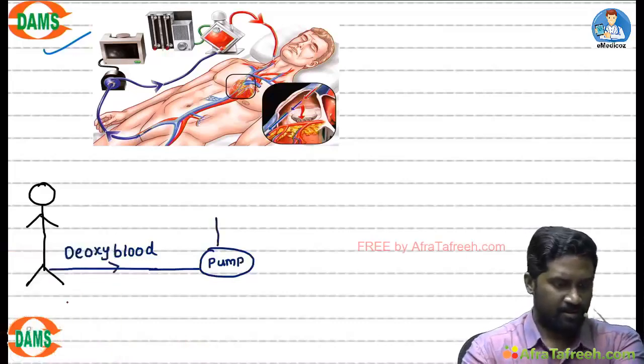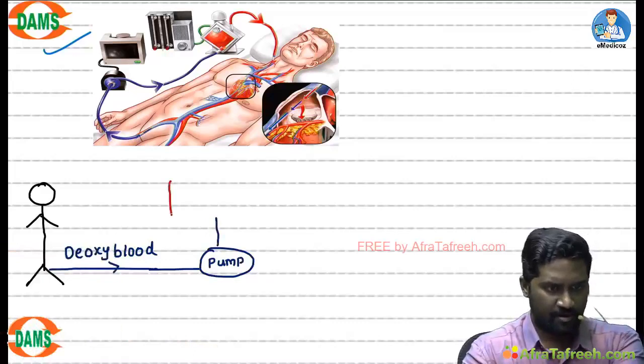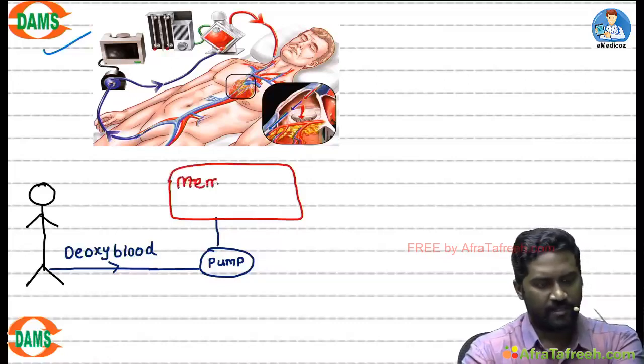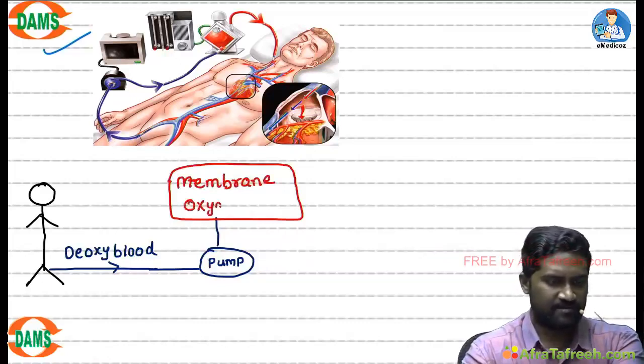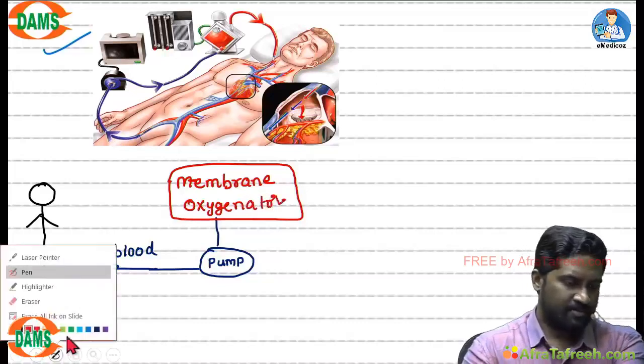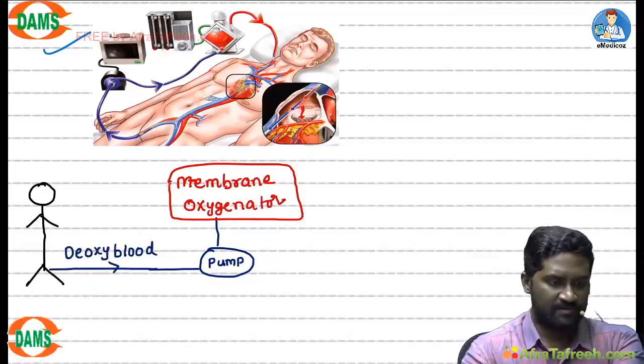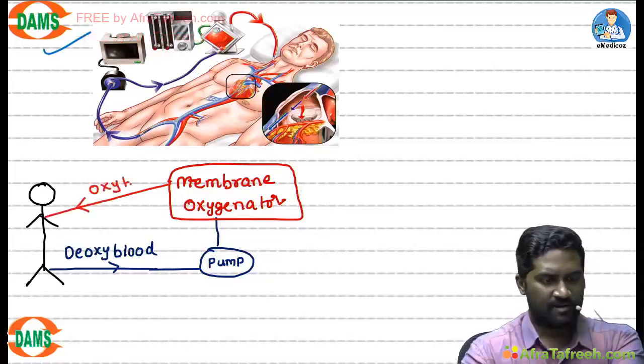What is the name of that machine? It is called a membrane oxygenator. And in the membrane oxygenator, there will be oxygenation of blood. Oxygen is added to the blood, and oxygenated blood is sent back into the patient's body.